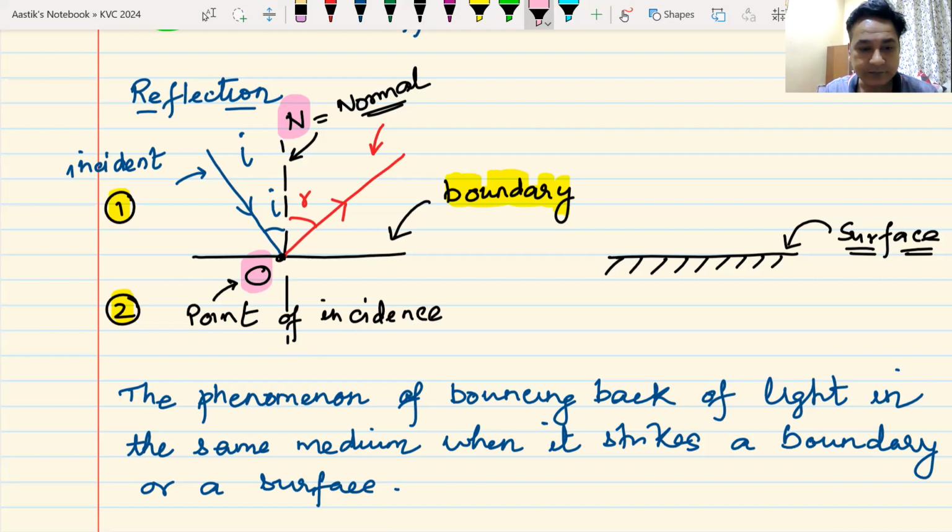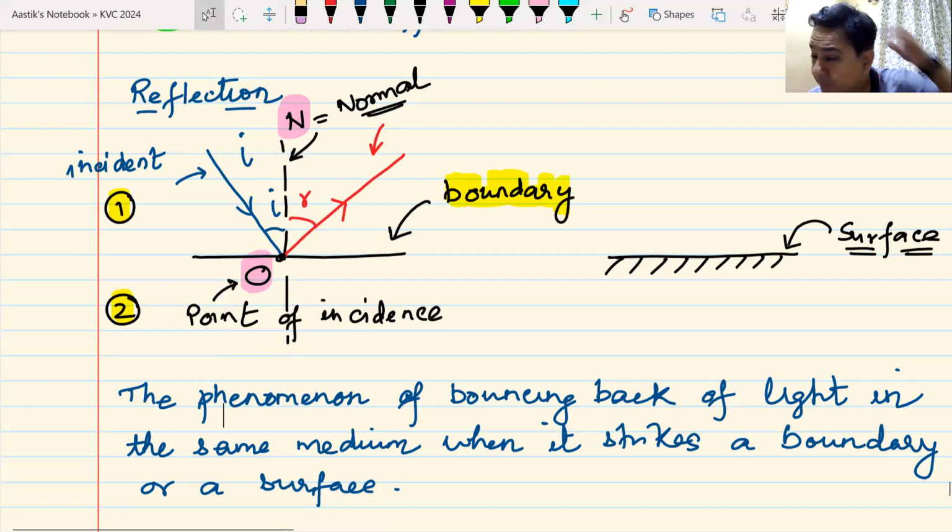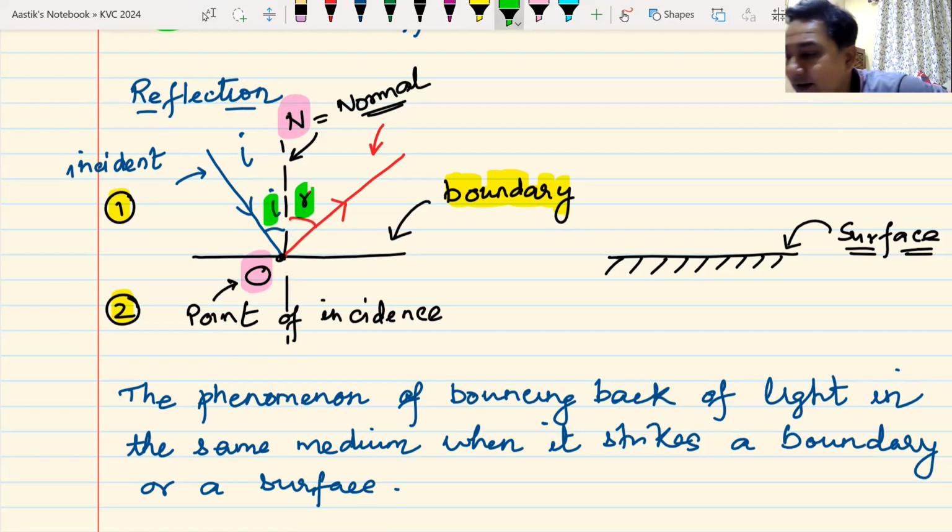Incident ray, normal and reflected ray lie in the same plane. Okay, that might be the second law. The first law is a very simple one. Probably you would have heard about this. The angle of incidence equals the angle of reflection, both are equal. We all know this, yes or no?